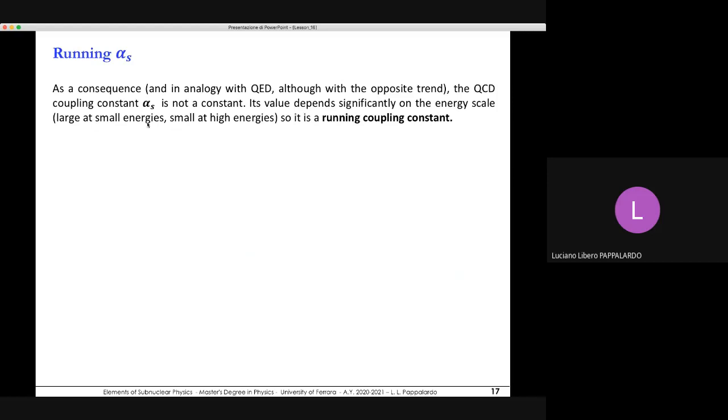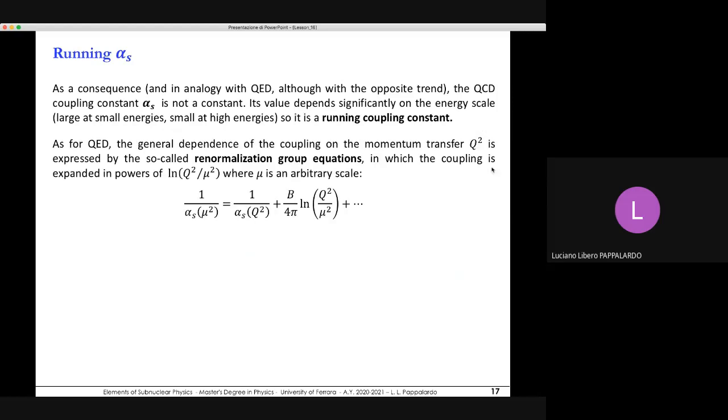It is large at small energies or small transverse momenta, and small at high energy, so at high momenta, in other words at low distance. Its value depends strongly on the energy scale.